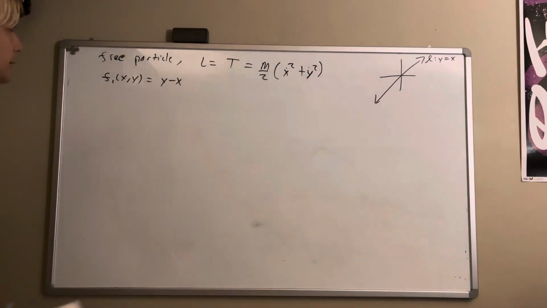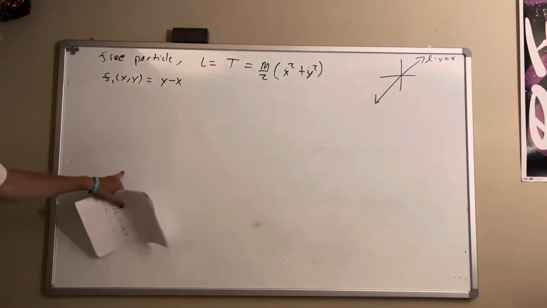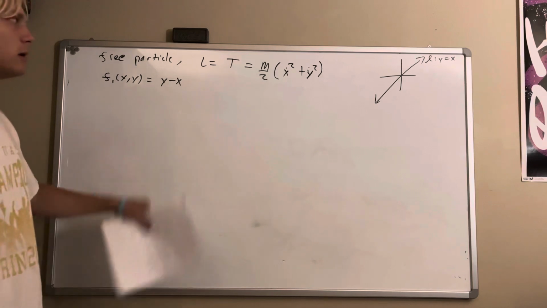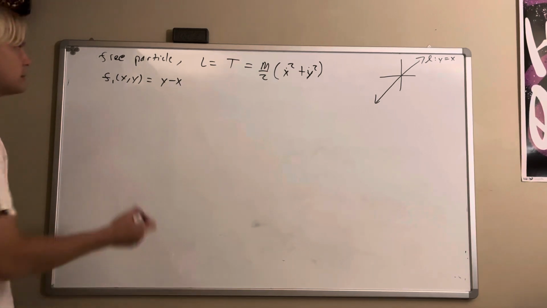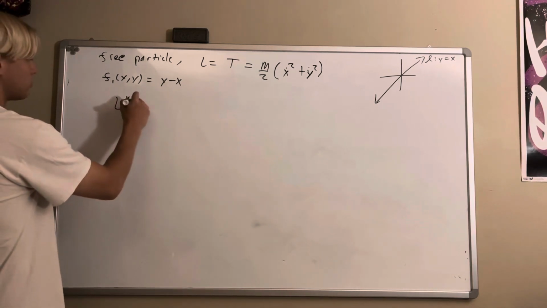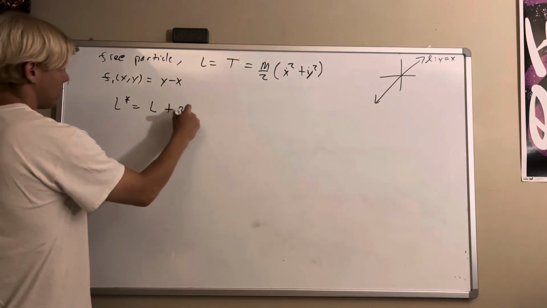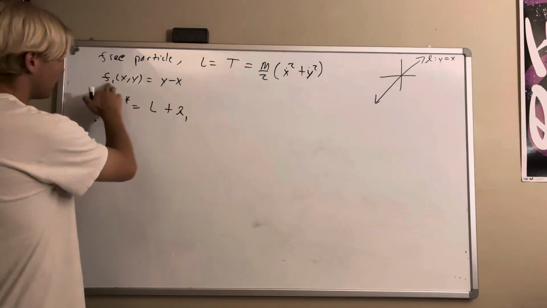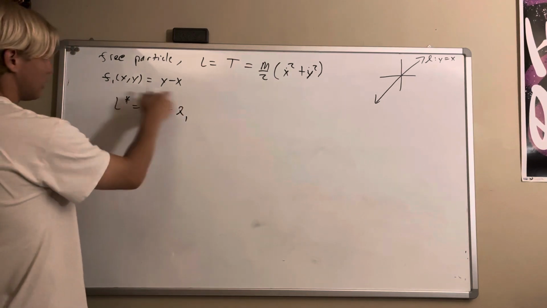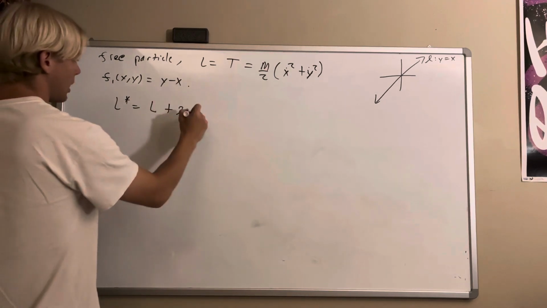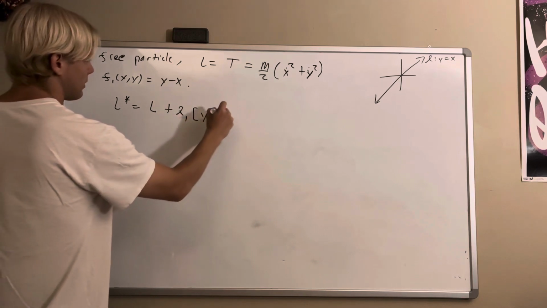We set it up and we write down our modified Lagrangian. Oh, we don't have to do that, but I wrote down what the result is. But in perspective, you could write L star is equal to L plus only one constraint. It's a sum, but only one constraint here, one equation: y minus x.